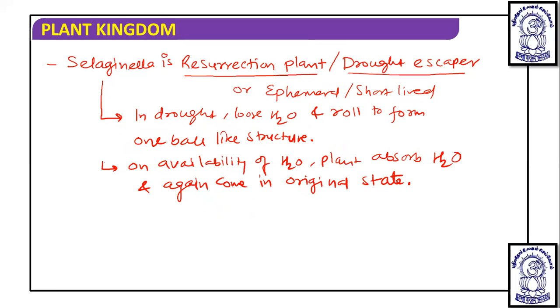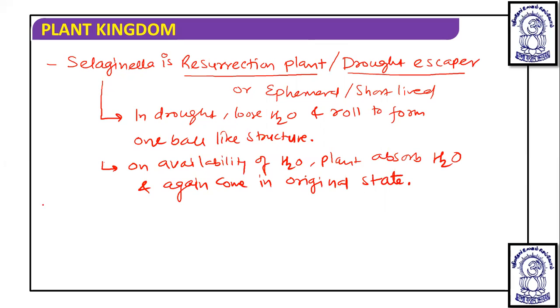So here this Selaginella is actually escaping a drought by forming a one ball-like structure due to the loss of water from its whole body, leaves or stem, and it is rolling and forming a one ball-like structure. When water becomes available, all the plant organs will absorb water and come into their original state.